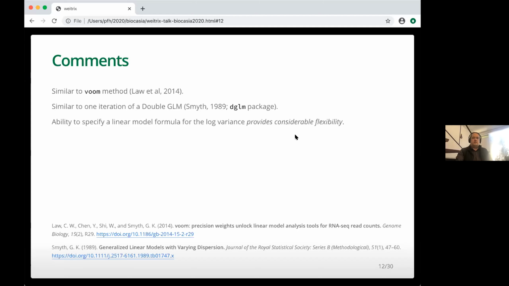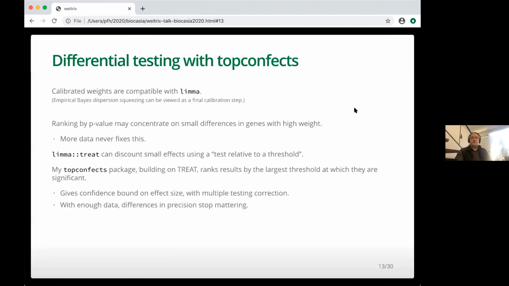Okay, so what can we do with this? So the most immediate thing is differential testing. These weights are compatible with limma. One thing here, we're using weights fairly aggressively. So some genes may have quite a lot higher weight than others. And that'll mean even with small differences, they'll get very significant results. So we maybe don't want to be sorting by a p-value.